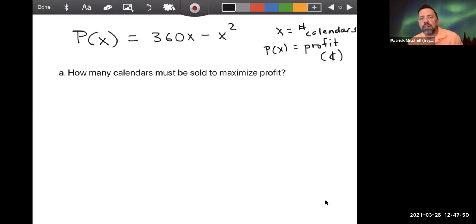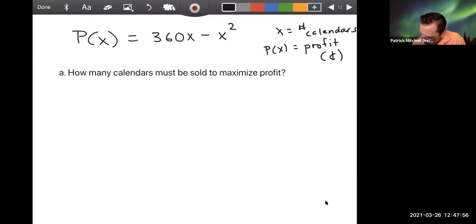So what you might find with these problems, first of all, as soon as you see the word maximize or minimize, that means think vertex, because the vertex always occurs at a maximum or minimum point. Okay, so the word maximize or minimize means vertex.